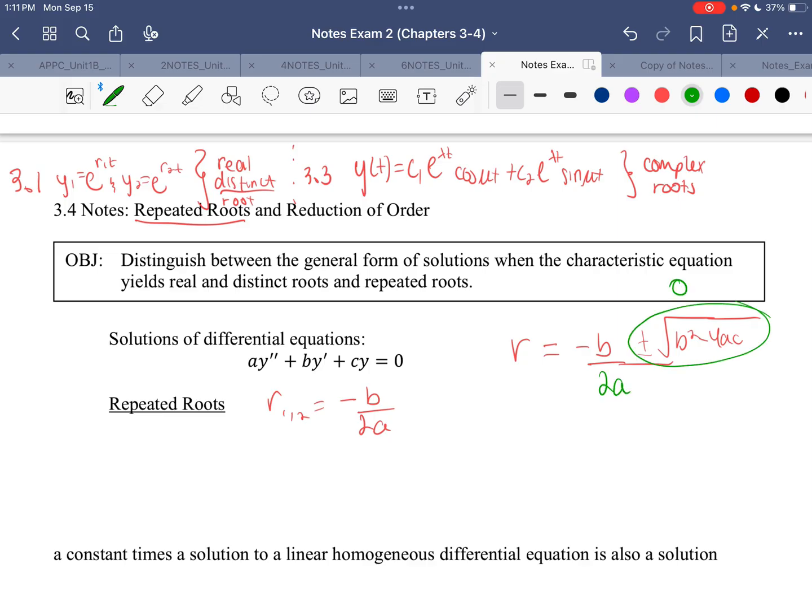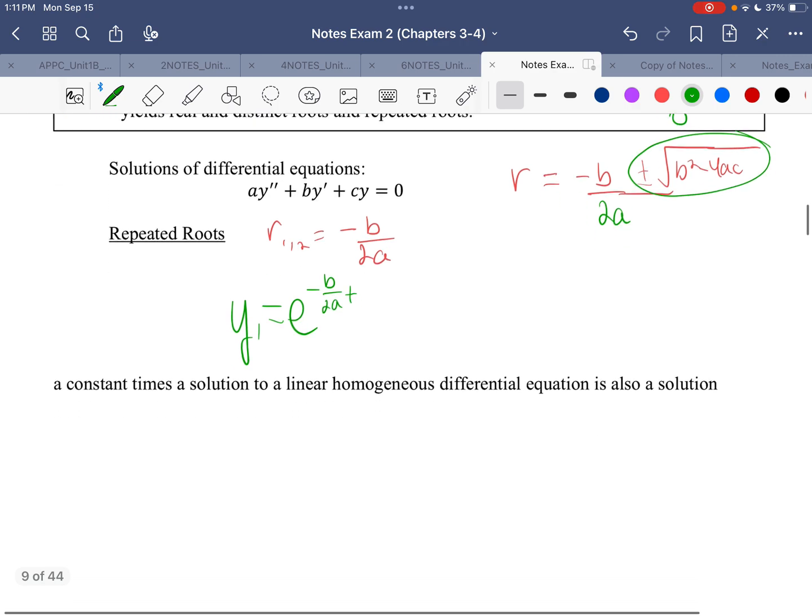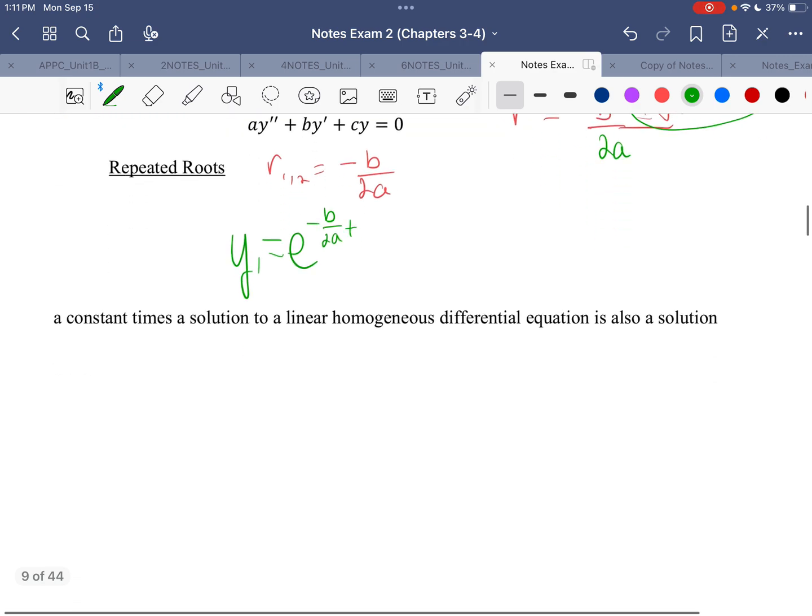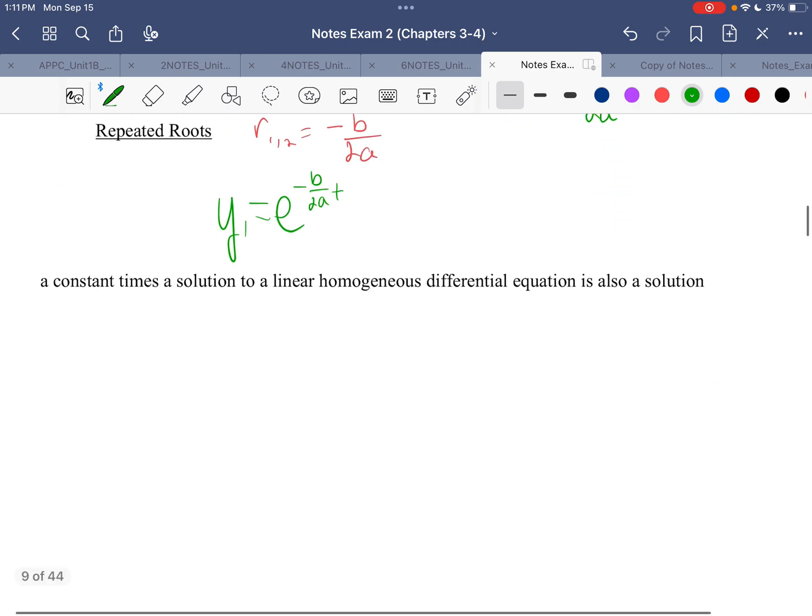So you're just left with the real part. So you really only get one solution, but this is a second order linear differential equation, so there should be 2 solutions. So what happens is we have to do this reduction of order process.